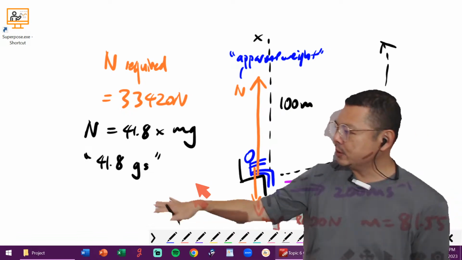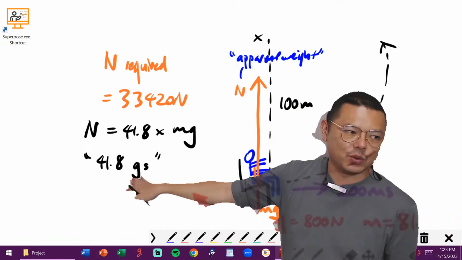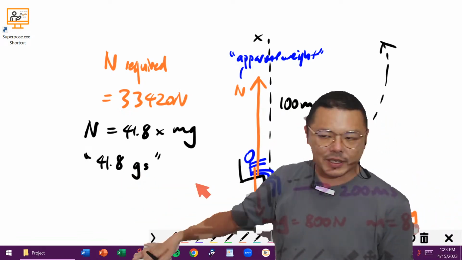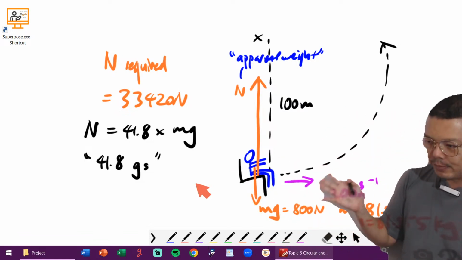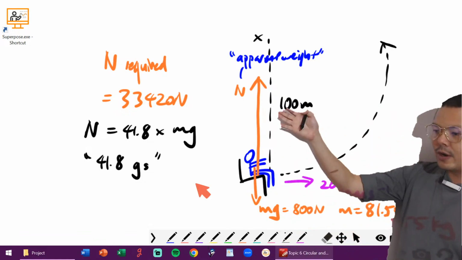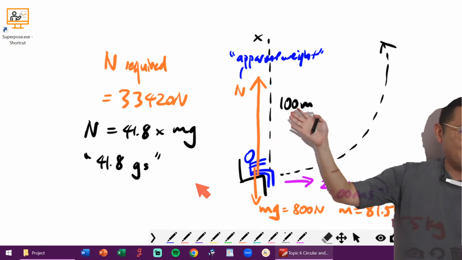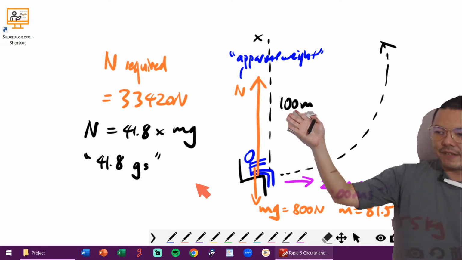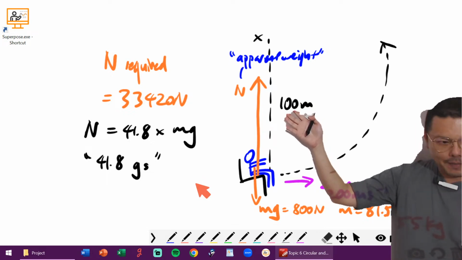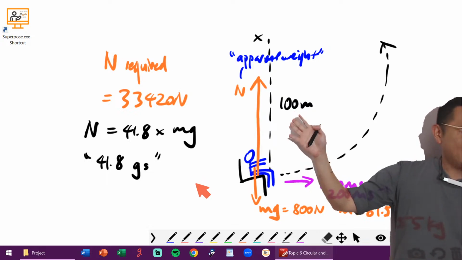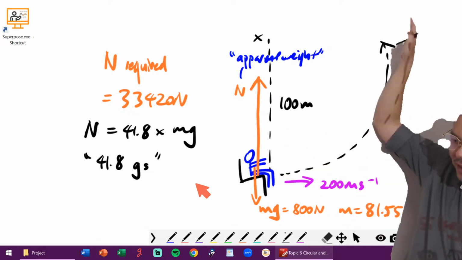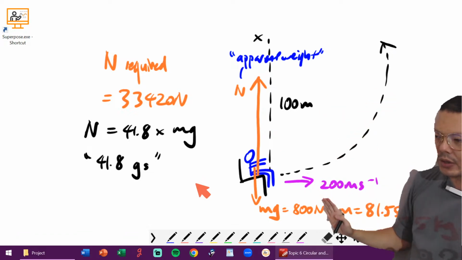So if we go up to 41.8 G, this is way too much. This is obviously not a possible maneuver. Maybe you have to increase the radius. Maybe my radius is a bit too small. Maybe you have to increase the radius to like 500 m or maybe 1 km, which is fine because for planes flying at that kind of speed, 1 km is covered in a short amount of time.